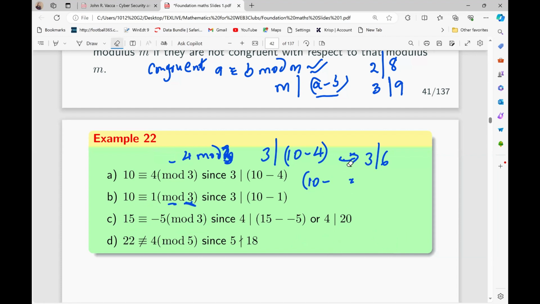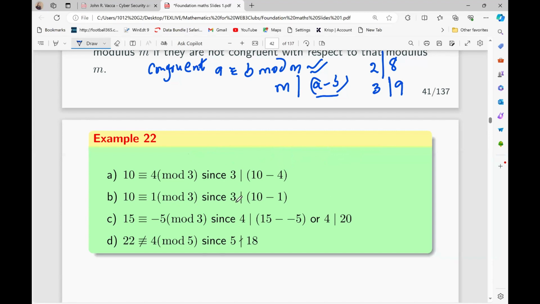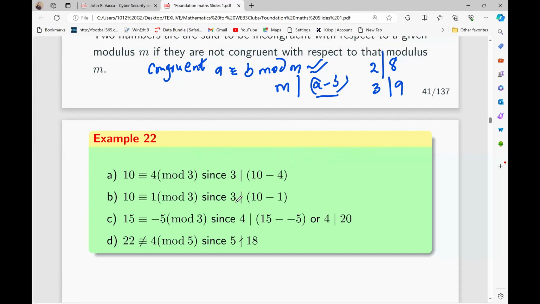Now, I think we know what it means for two numbers to be congruent to each other. That's what I've just explained: they are congruent if the mod, or the divisor, can divide their difference. Let's look at this case. 22 minus 4 is 18.